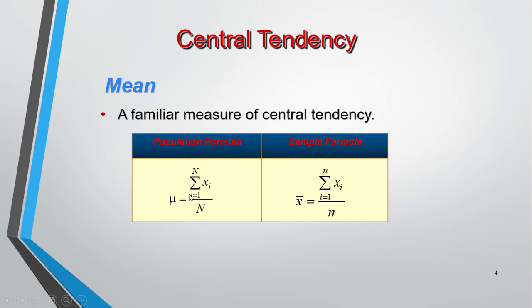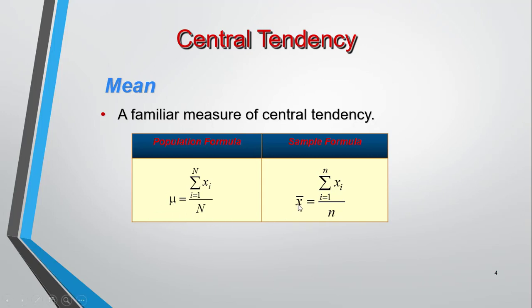It is defined as the sum, big sigma, of x sub i, each individual value in the data set, added up from i equals 1 to capital N, divided by capital N, the total number of observations in the population. Basically, just add everyone and divide by the total number. That's mu for the population.